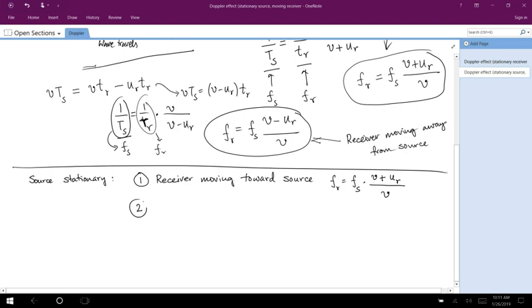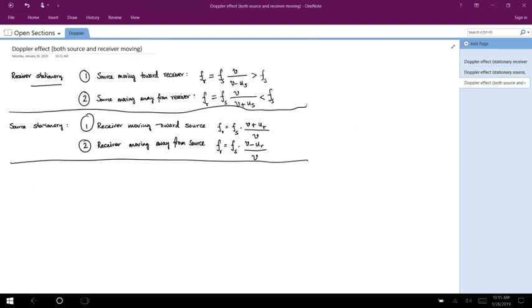So that's one case, and the second case is receiver moving away from source. So when the receiver is moving away from source, Fr is equal to Fs multiplied by V minus Ur divided by V. All right.